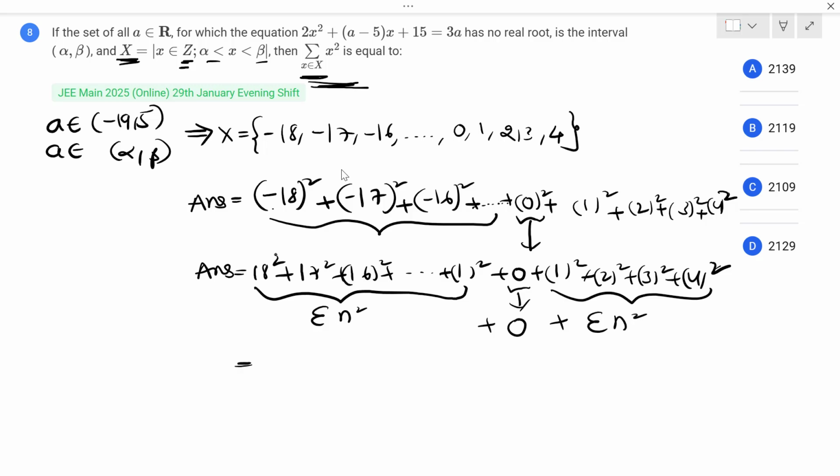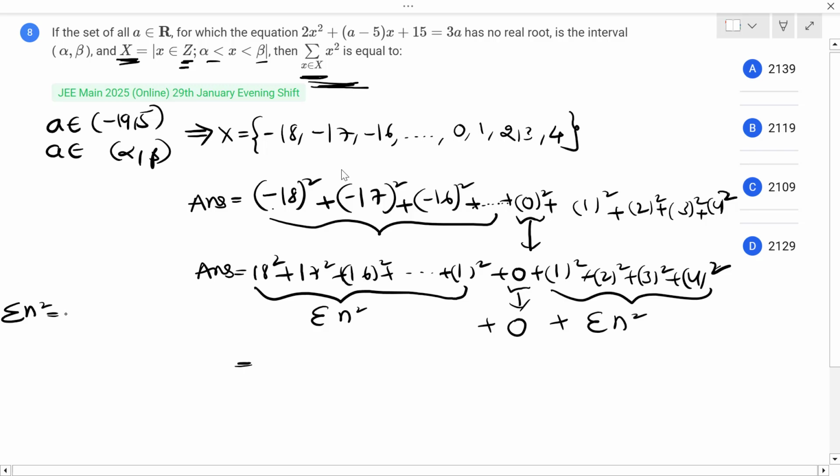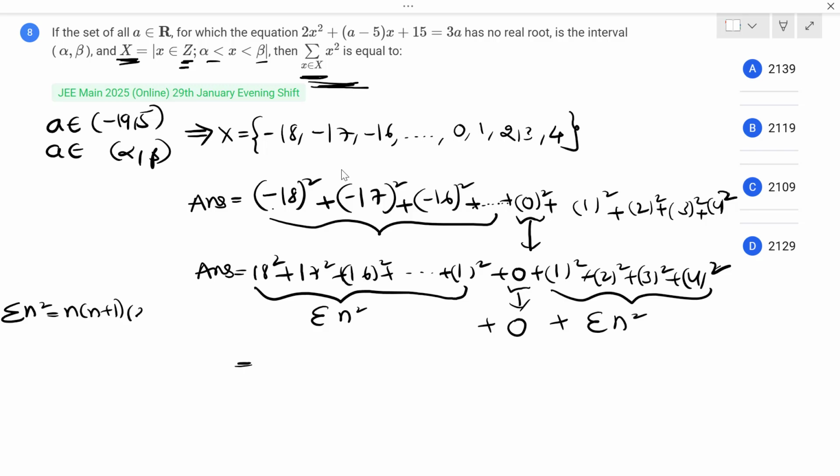And sigma n square, we know what sigma n square is? Sum of the squares of the first n natural numbers, that would be n into n plus 1 into 2n plus 1 by 6. So here in the first term, this is the sum of the squares of the first 18 natural numbers.